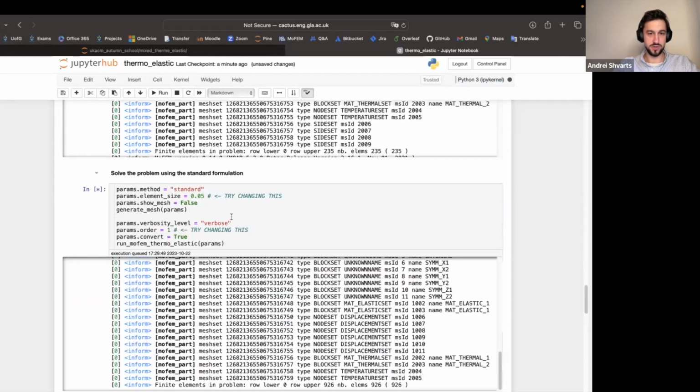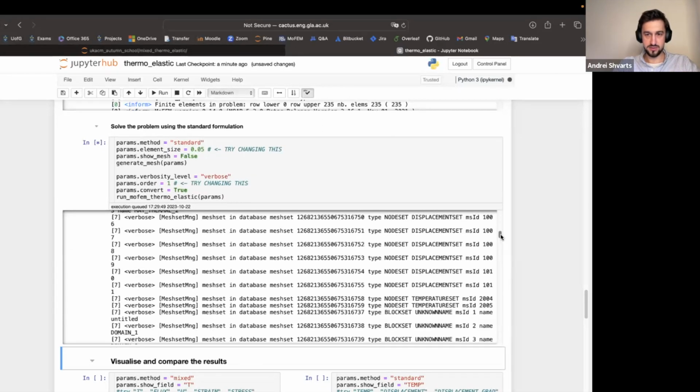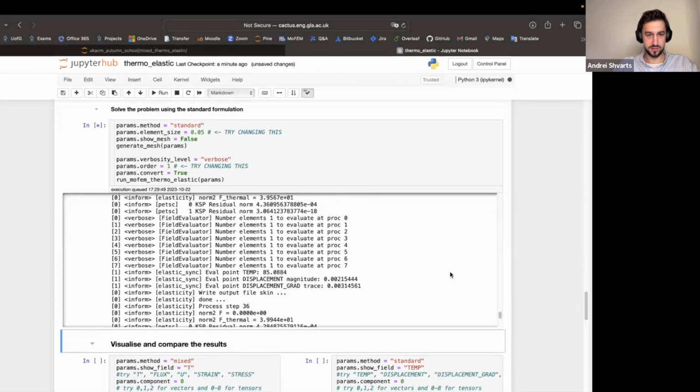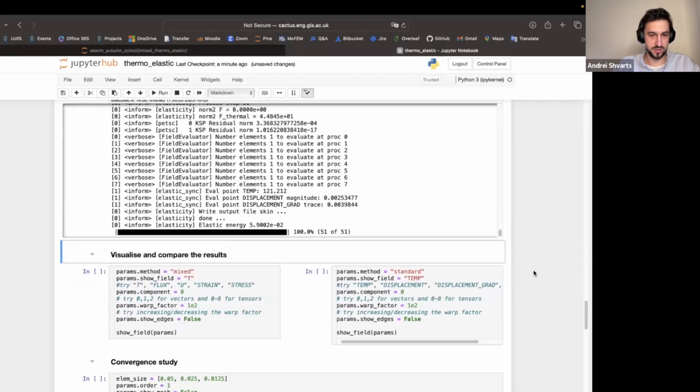And we'll run it again and see the output. It takes a bit longer to run. You might need to wait. Well, actually, for this coarse mesh, it's quite fast. The final mesh will take a bit longer.